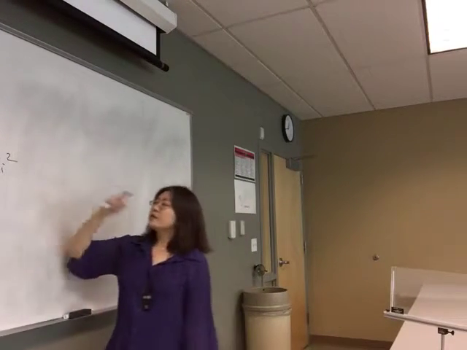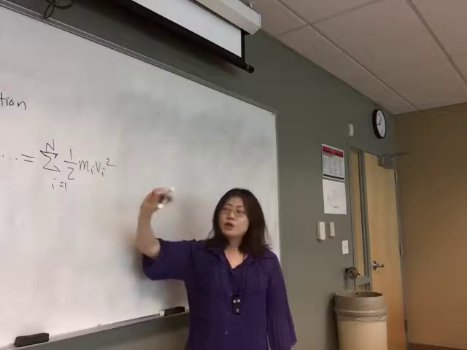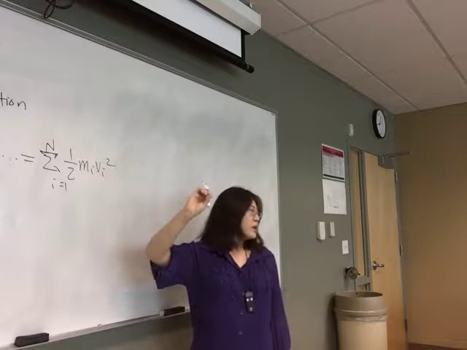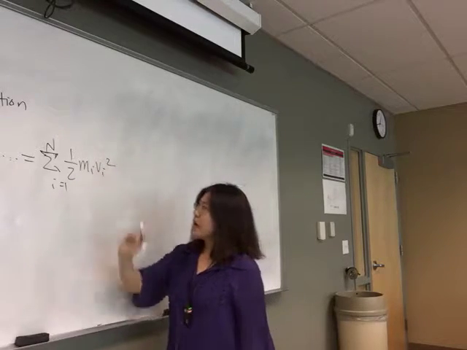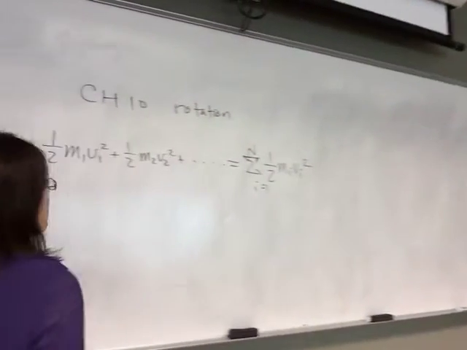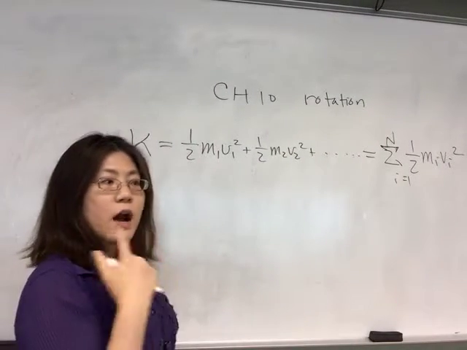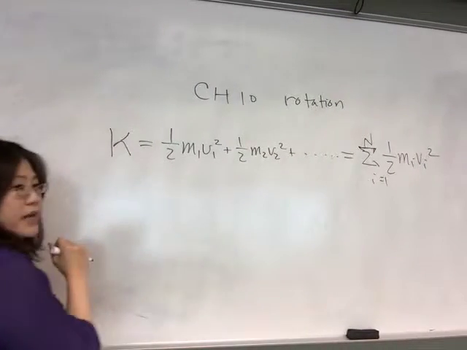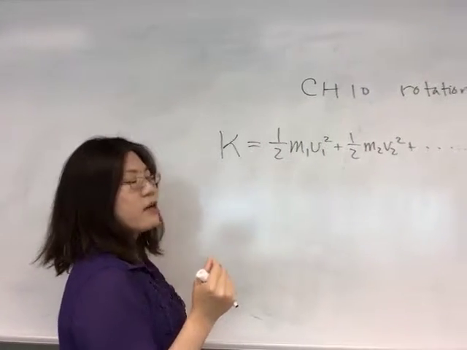Okay. So we obtain the expression for kinetic energy by utilizing the concept that you learned for linear motion. Now let's see what we can do with this equation. We already know that when you have an object that's rotating, it is related to the linear velocity.